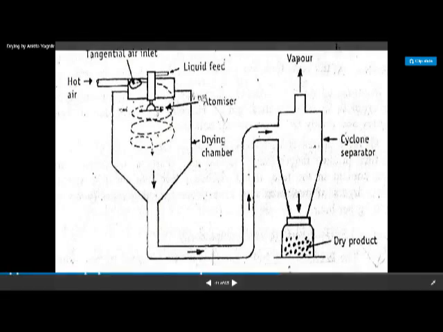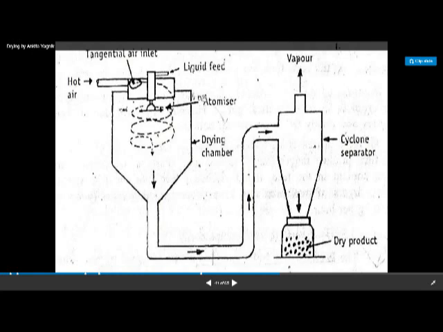Now what is the function of this atomizer? This atomizer rotates with very high speed, and at its ends it has very minute openings. As the atomizer rotates at a very high speed, centrifugal force operates on the material.